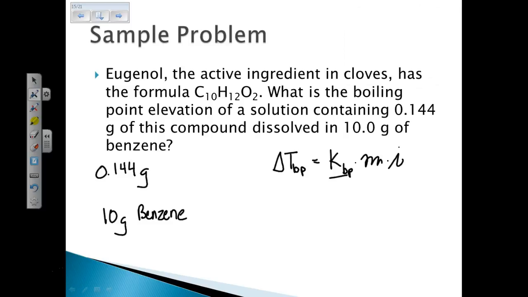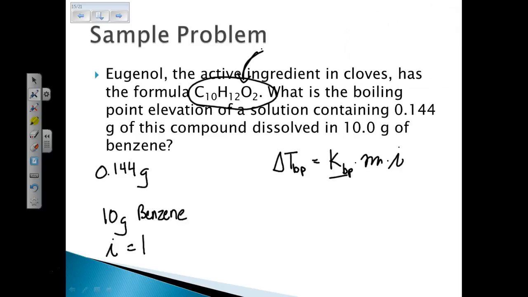Now the Van 't Hoff factor, i, for this compound: this is not an ionic compound. This is some of the stuff that we can identify, so that makes this problem easier. This is definitely a molecular compound, a covalently bound compound. It's C's, H's, and O's, which are all nonmetals. And so that means your Van 't Hoff factor in here is 1. We have to assume that this compound doesn't break apart into any ions, and there's no indication that it does.